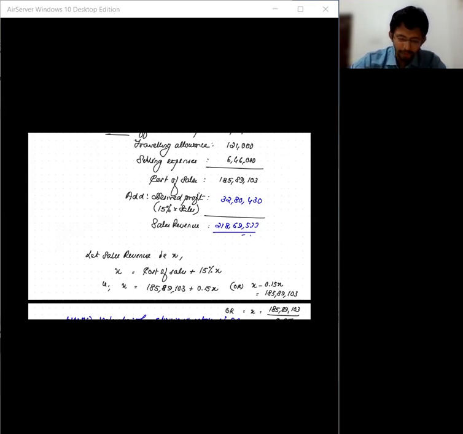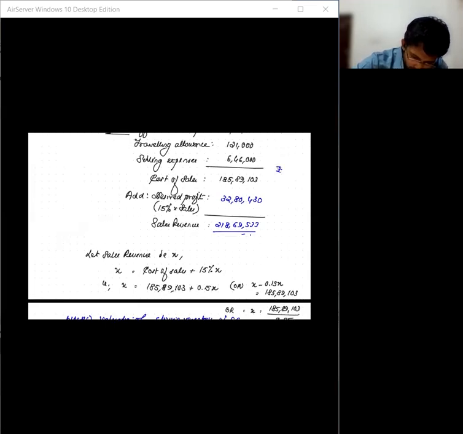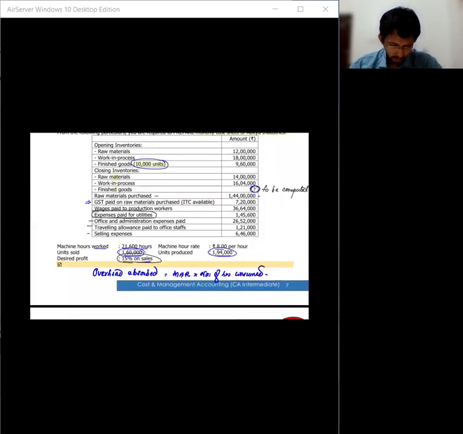Therefore, if you want, you can find out the cost of sales per unit, rupees per unit. Cost of sales is 185,89,103. The number of units sold was 1,60,000.